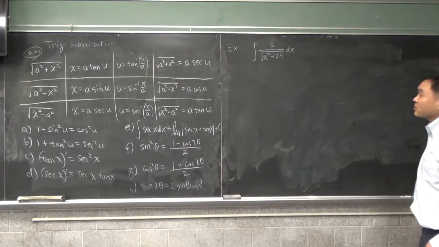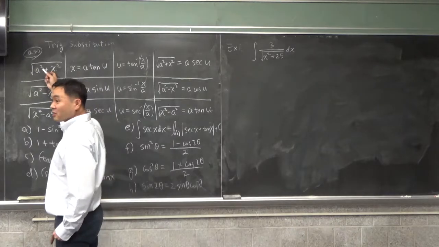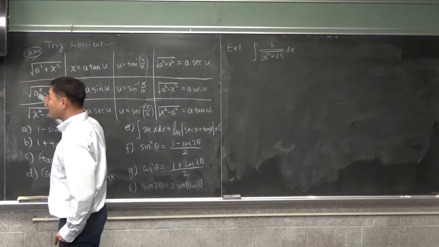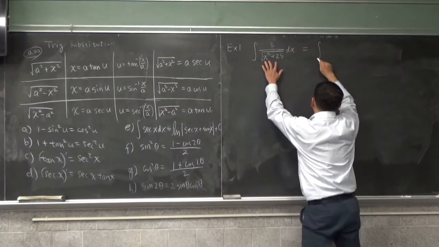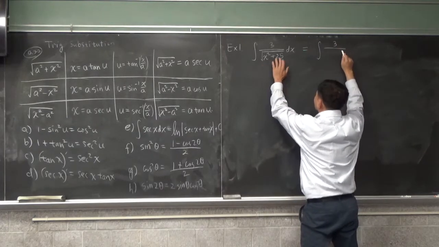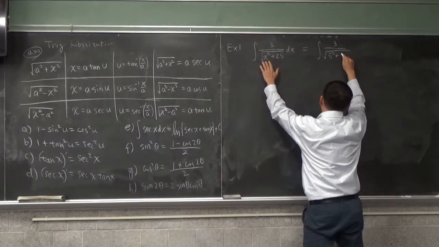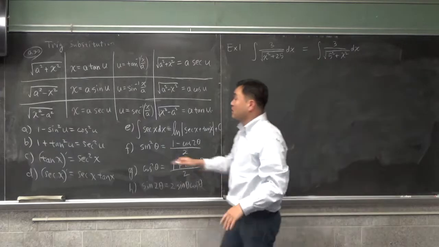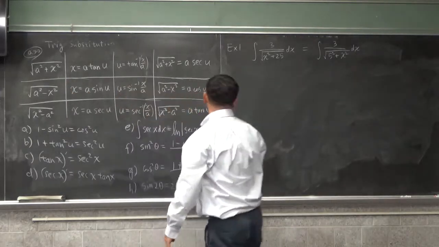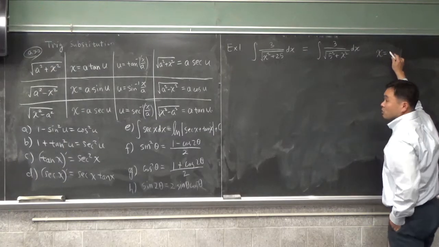The first one, okay. Except that here you have x squared in the second place, so you should switch places and write 25 as 5 squared and x squared as x squared. Then this looks exactly like this form.